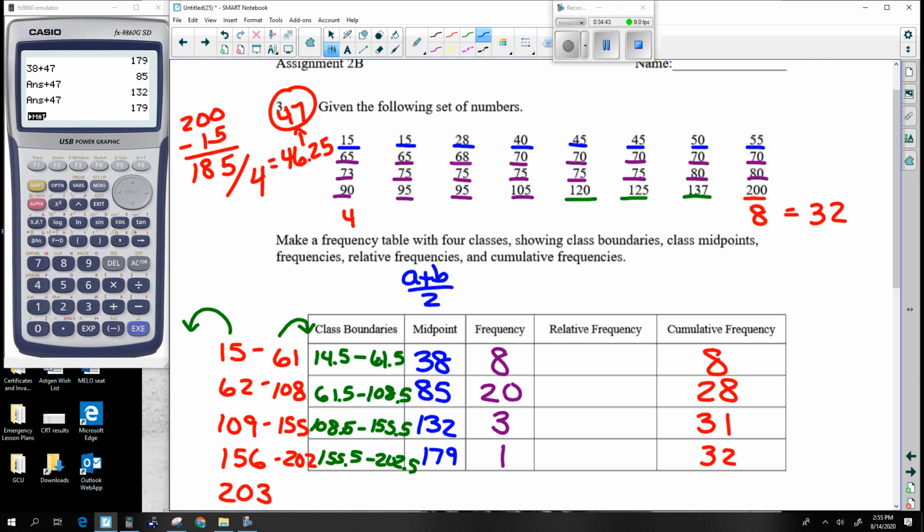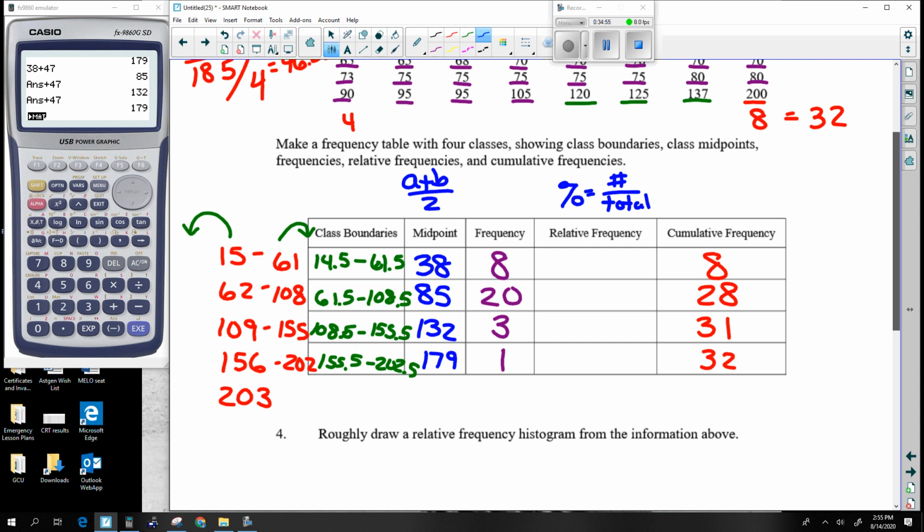The relative frequency is like a percentage. What that is, is the individual number divided by the total. So this very first category, the frequency is 8, so this would be 8 out of the total. This would be 20 out of the total, 3 out of the total, 1 out of the total. And again, I want these as 4-digit decimals.